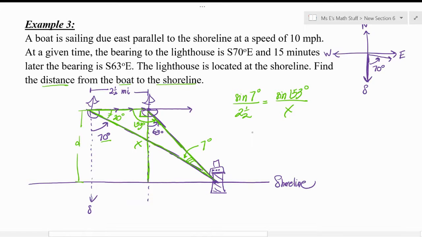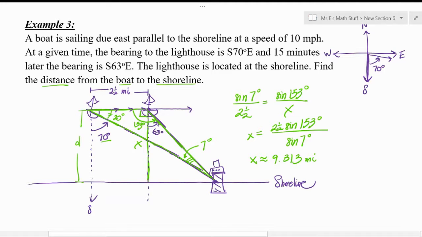A little cross multiply and divide, and then calculate that: 2.5 times sine of 153, subtotal it, and then divide by sine of 7. It looks like that distance would be approximately 9.313 miles.